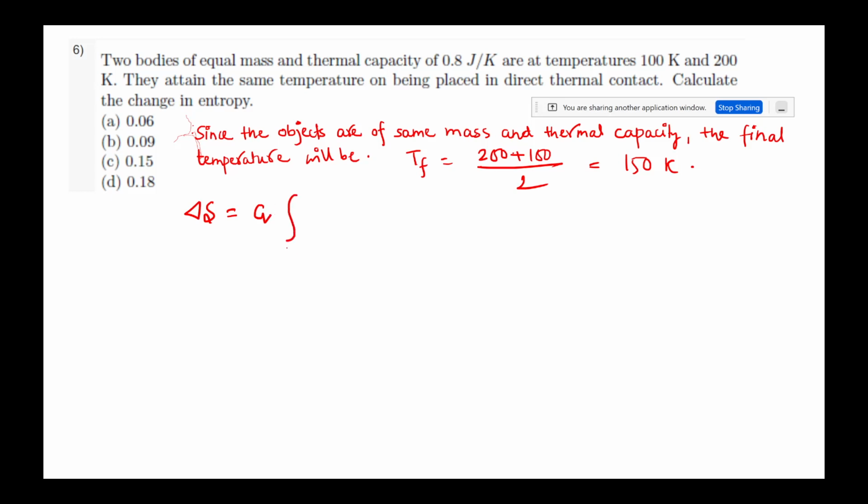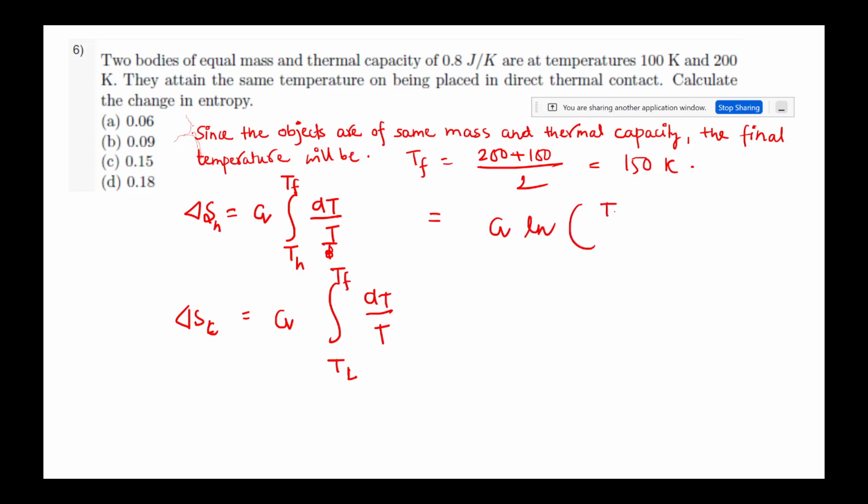Let's say this is T hot to T final, integral of dT by T. This is for hot, and for cold, delta S will be CV, same CV, T low to TF, dT by T. This becomes CV ln(TF/TH). This becomes CV ln(TF/TL).